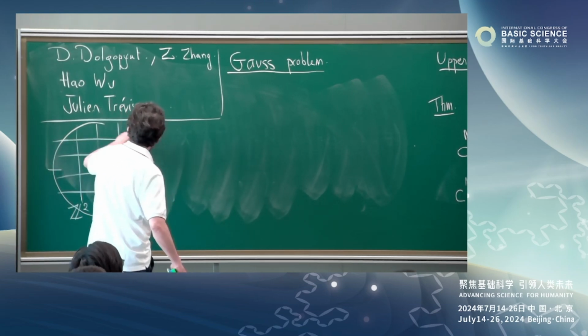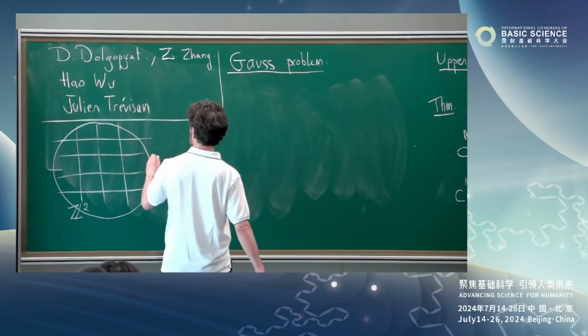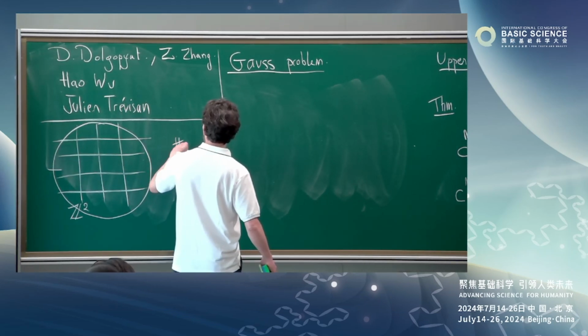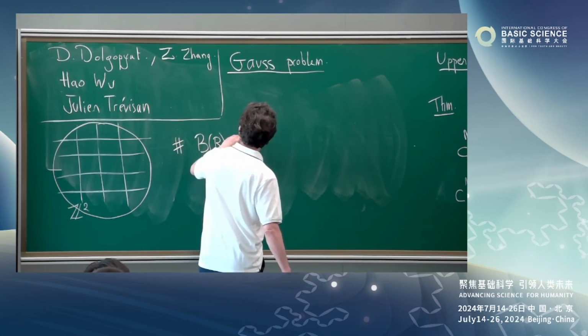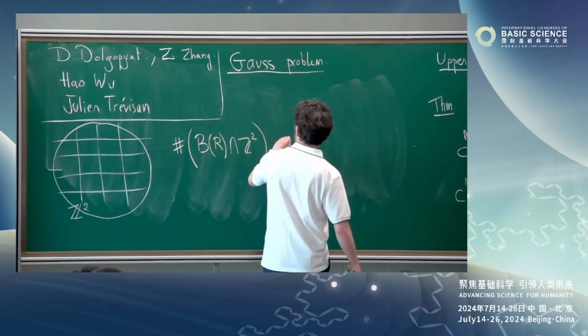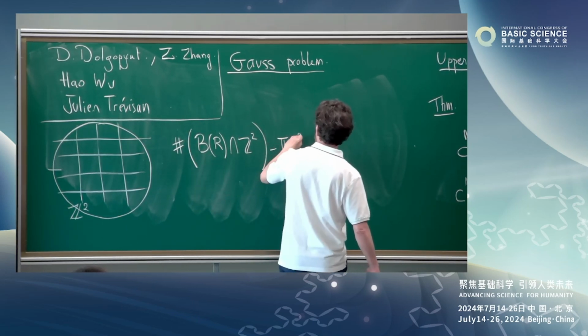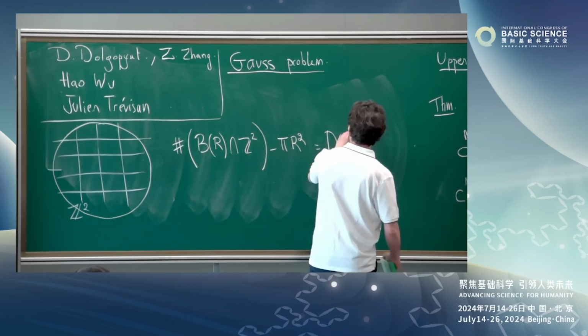And you take a ball of radius R. So you look at the cardinality of the ball of radius R intersected with Z^2, minus pi R squared, and you call this D_R.